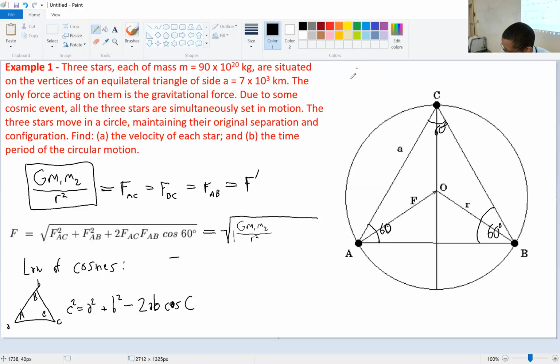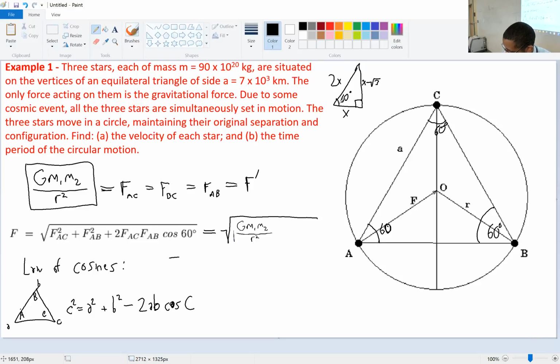And I always like to draw the special triangle just to make sure. So, if this is x, then this is 2x, and then this is x times the square root of 3.